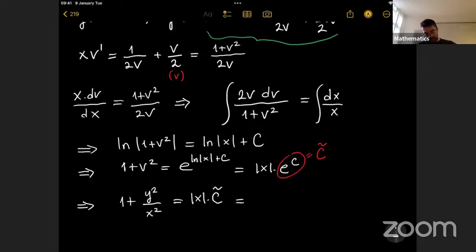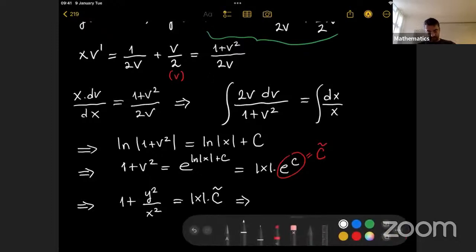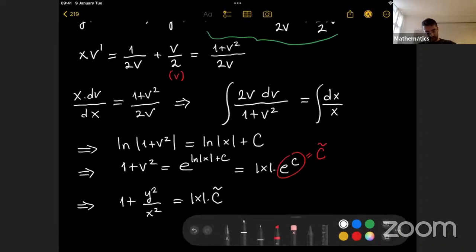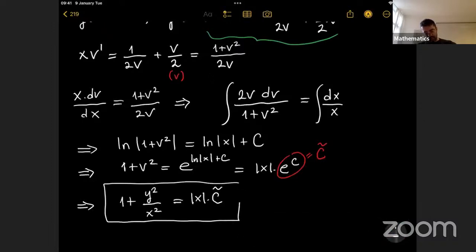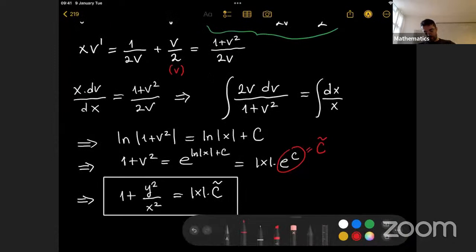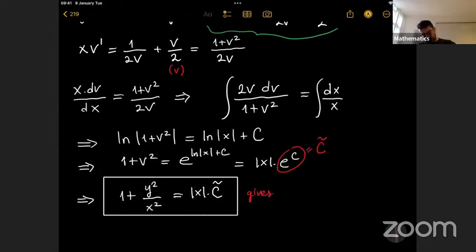So from here, y is equal, maybe let's keep it like this. It's because we have two solutions, so this gives the solution in implicit form, okay? Any question with this?